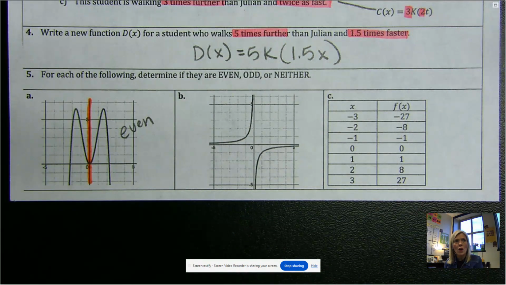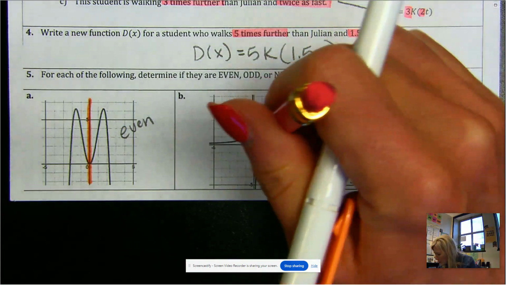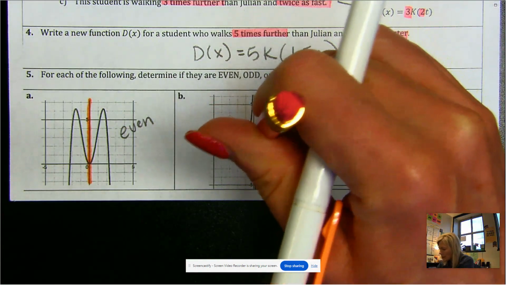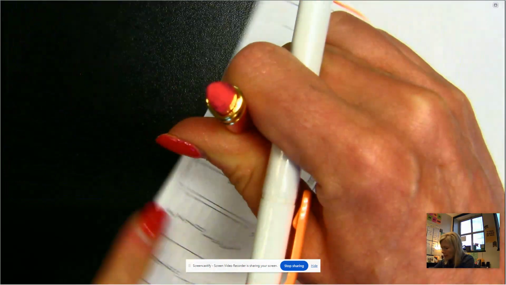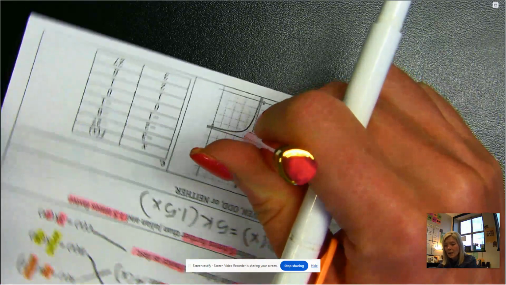Remember how we talked about how odd functions go through 0, 0? Well, this is an odd function, but it's not going through 0, 0. However, its asymptotes are. And so if you think about, like if I were to put my little pencil right there and spin this 180 degrees, we have the same graph.